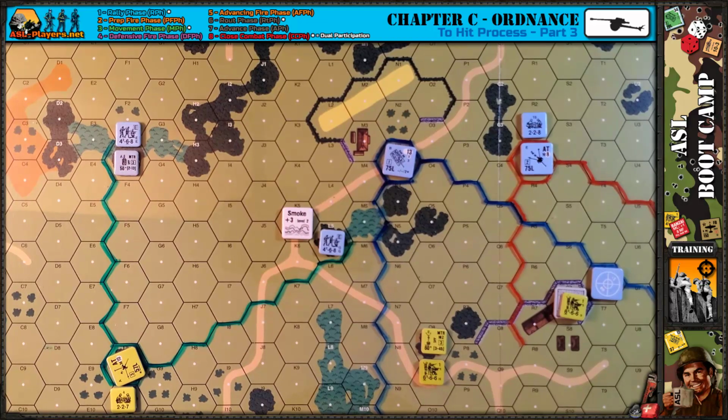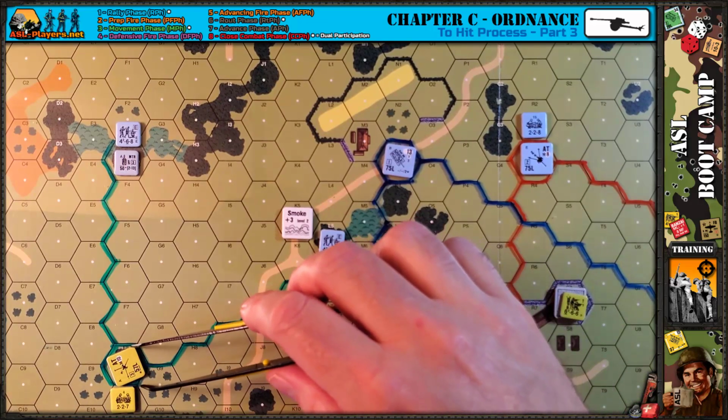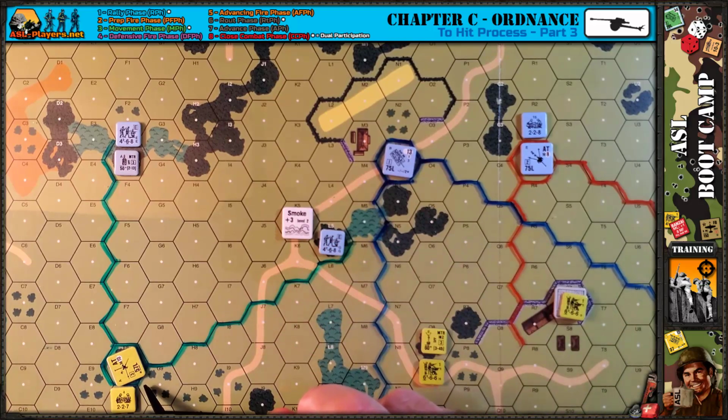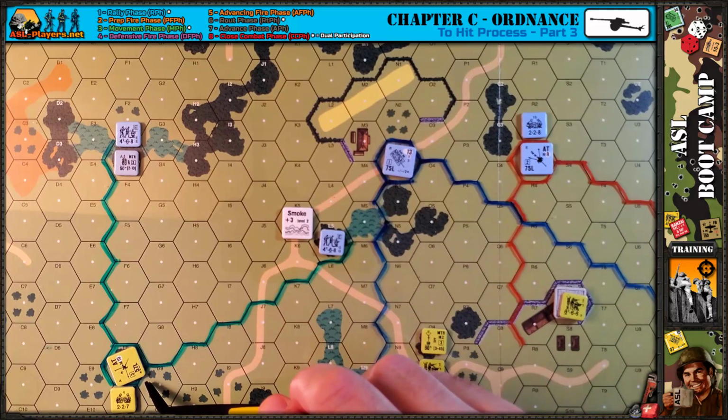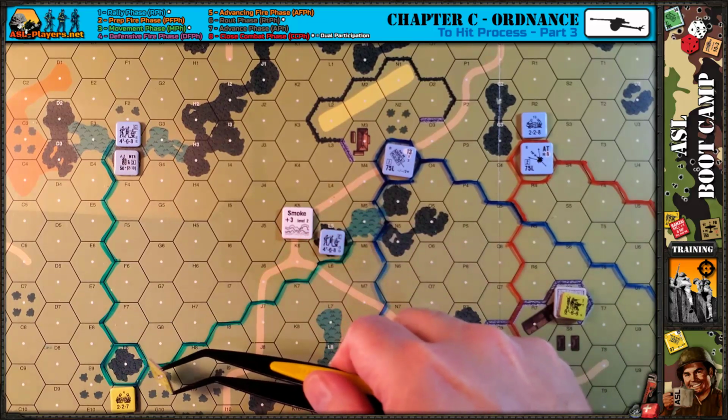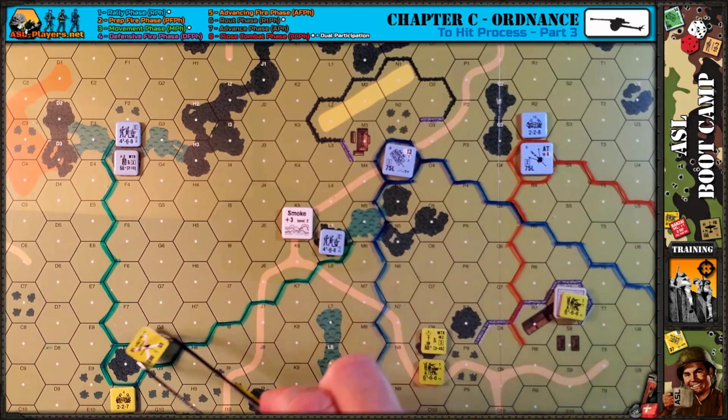Let's switch over to the Americans real quick. This American 57L has a few choices to shoot at. Now he can only fire this American M1 57 millimeter can only fire AP, but I think it might have HE. Yes, it does.